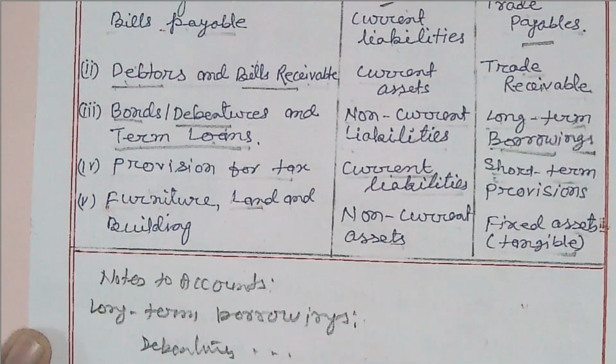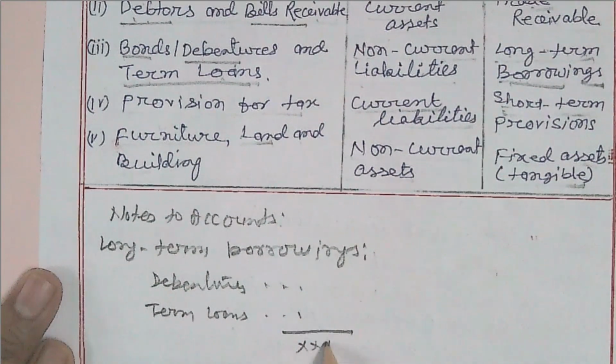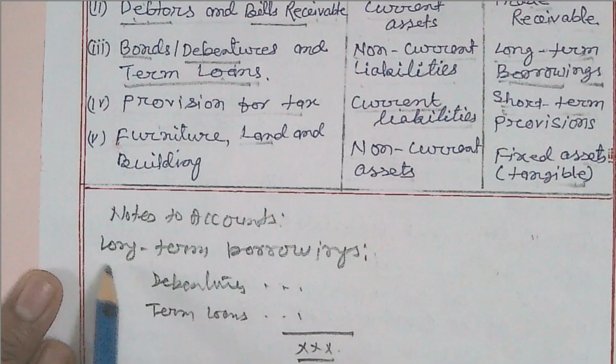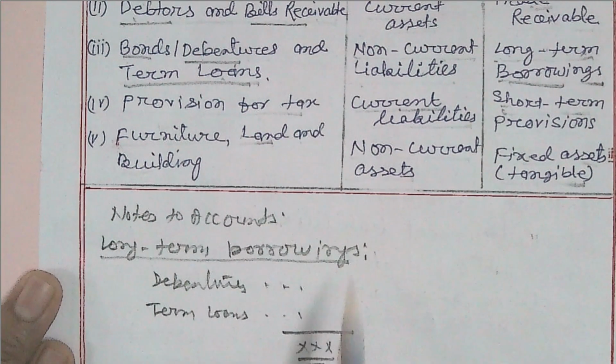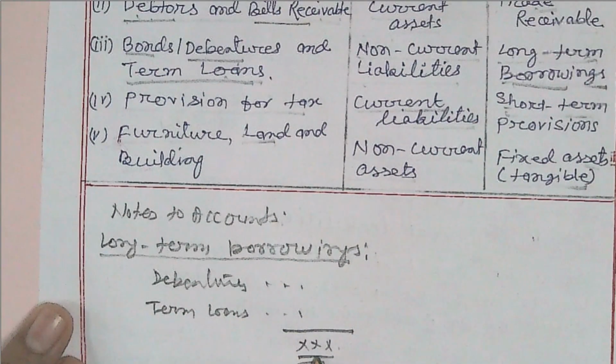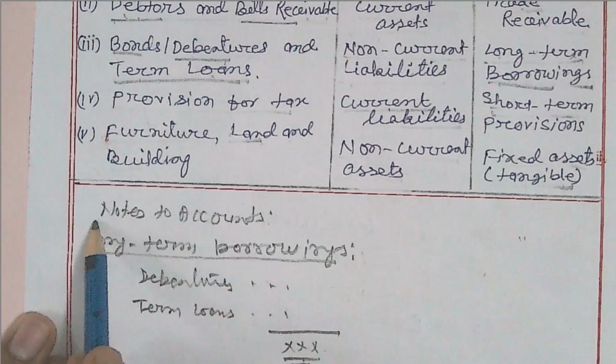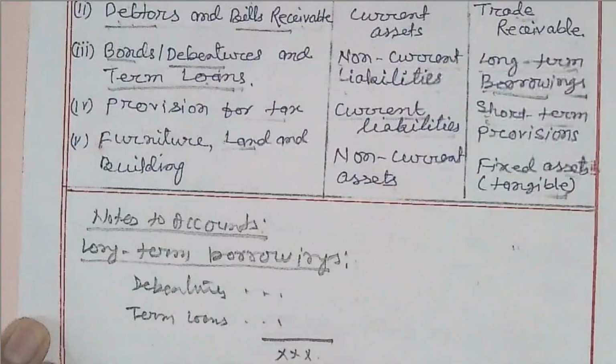Then you total it, and this total will come under long-term borrowings on the balance sheet. In all this process of recording the transactions and values in the balance sheet, we follow notes to accounts.